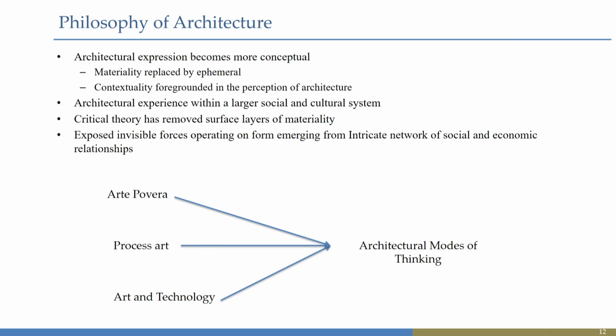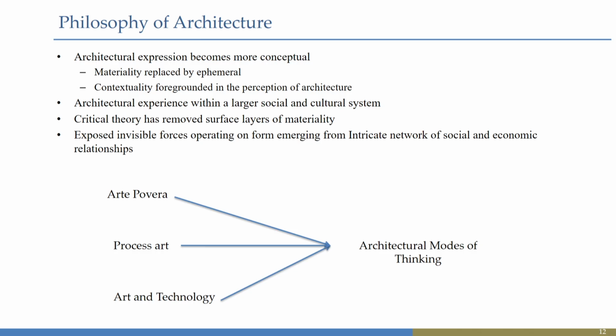Then materiality is getting replaced by the ephemeral, which means that of course you have a material structure, a building and so on, but over and above that materiality there is another element which is ephemeral, maybe a play of light or play of technology by which the building will change its appearance.